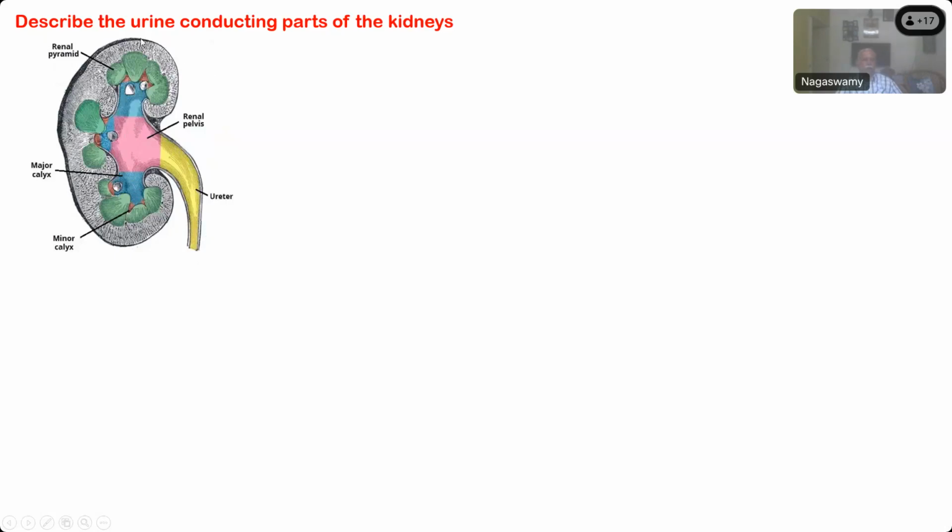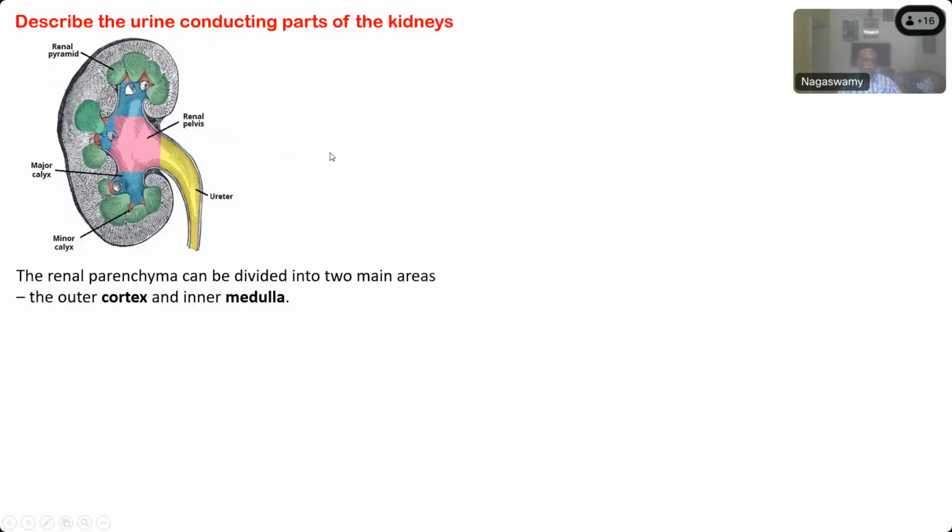So that is what this question, urine conducting parts of the kidney, describes. So the cortical nephrons, renal pyramid, the papillae, the minor calyx, major calyx, renal pelvis, and ureter. Okay, that is how the urine goes down.